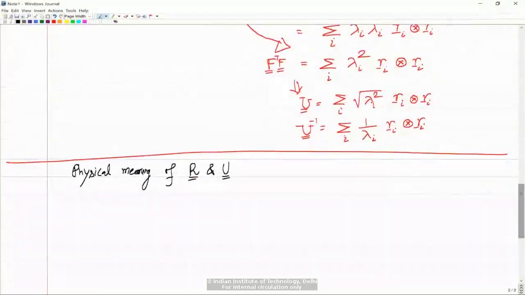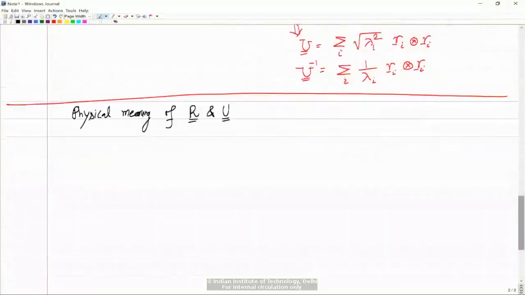Okay, so let's see what's the physical meaning. So we saw that this big F is decomposed as R into U. And then we know the transformation that dy is equal to big F into dx. So this then becomes dy equal to big R, big U into dx.